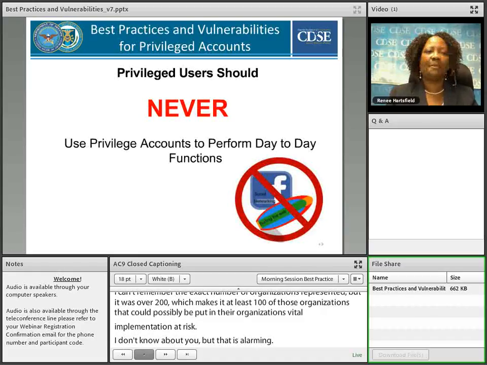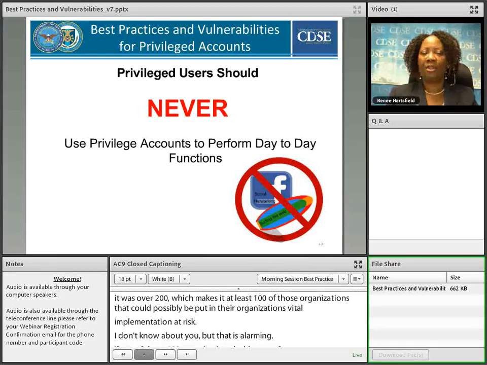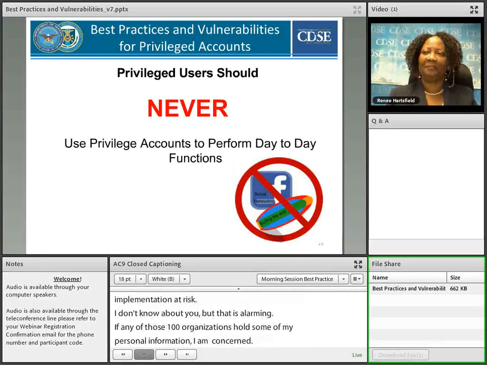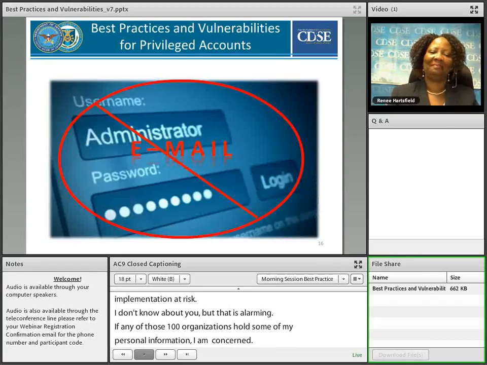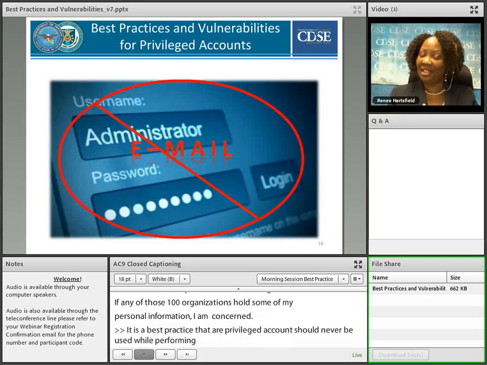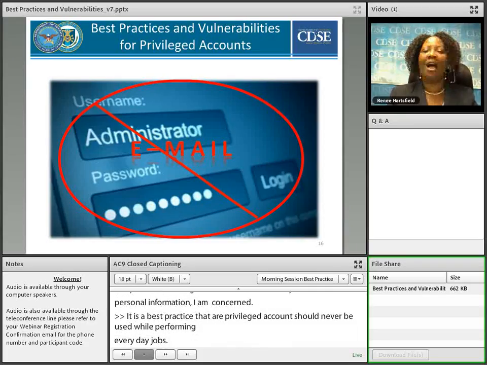It is a best practice that a privileged account should never be used while performing your everyday job. Each person who administers the system should, in addition to their privileged account, also have an ordinary user account.